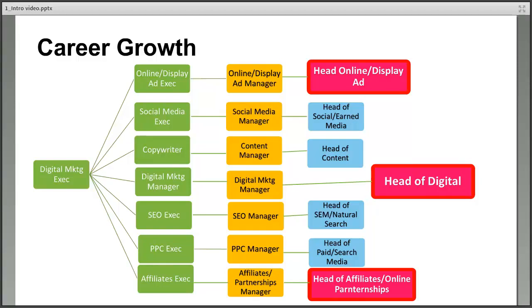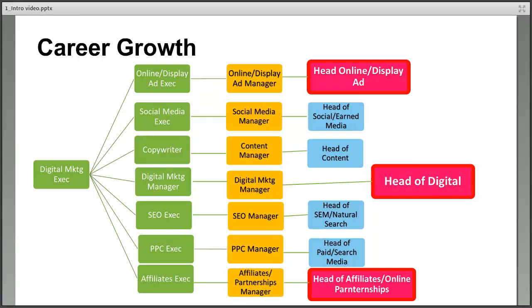The next one is a digital marketing manager who handles multiple roles and wears multiple hats depending on the situation. The next one is the SEO executive, the one which we just discussed. The next one is PPC executive, which basically is in charge of how the finances are running based on your social media and digital marketing campaigns. And the last one is the affiliate executive, where you manage the partnerships and the affiliates for your online campaign.